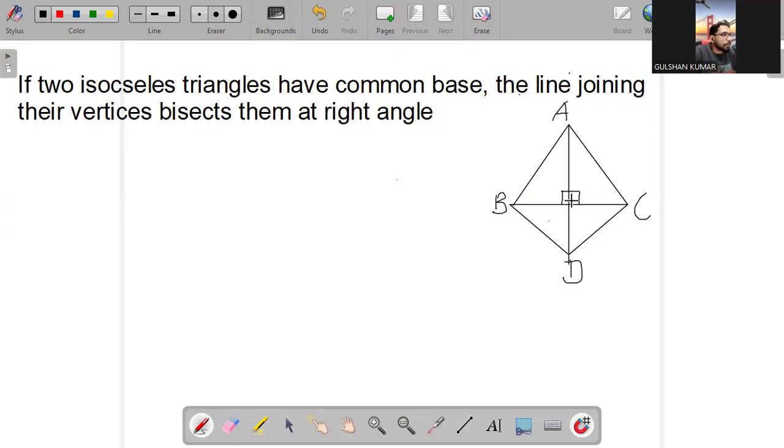So we have to prove that this is the right angle when it bisects from A to D. This will be at 90 degrees. We have to prove that.